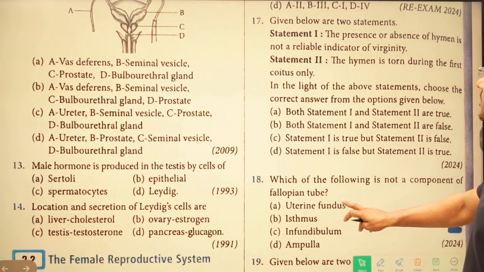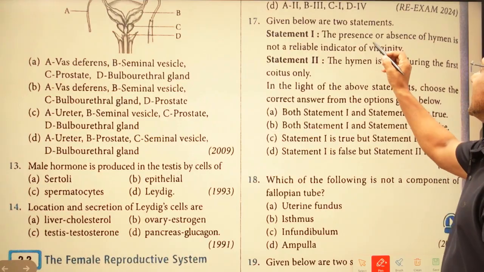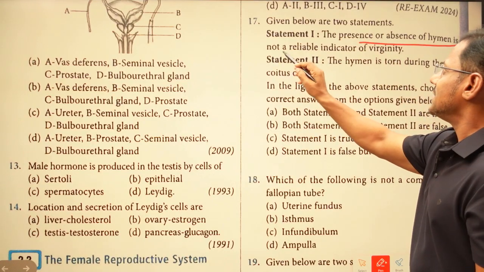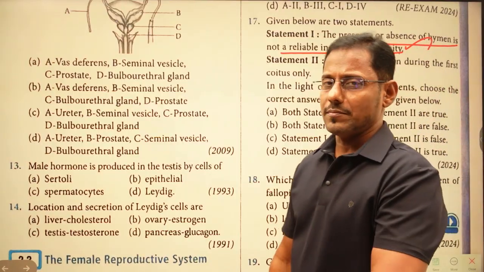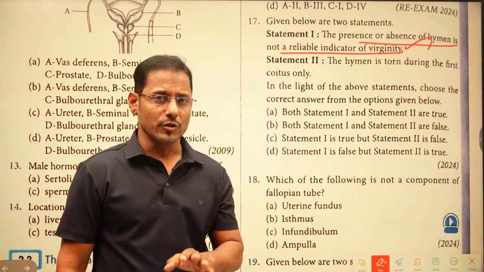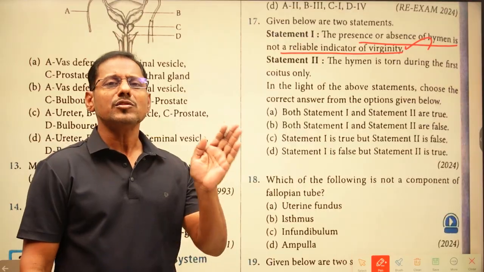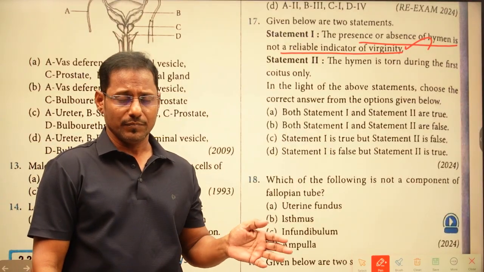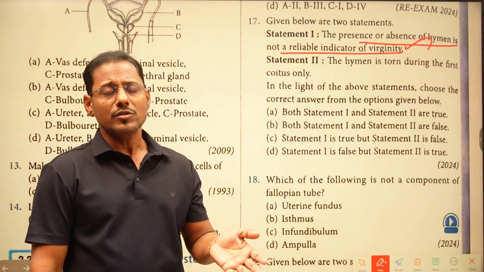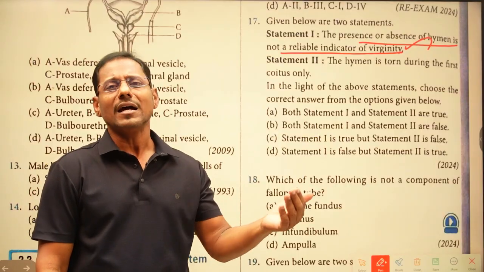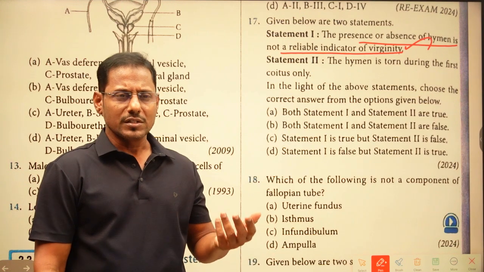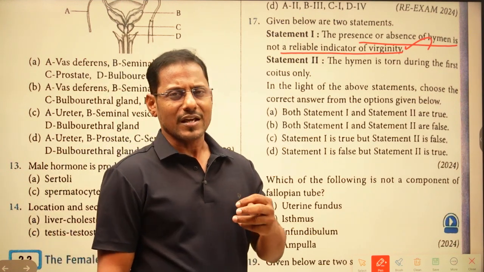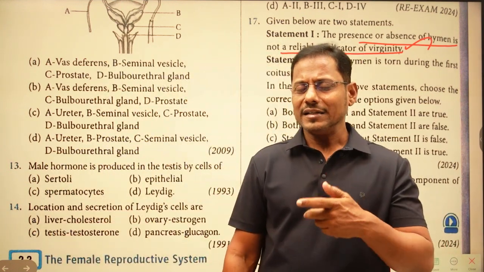Now two statements are given here. The presence or absence of the hymen is not a reliable indicator of virginity. This is the right statement, right? So sometimes the hymen may be present after the first sexual intercourse. Also, without sexual intercourse, some people may lose the hymen, by horse riding, cycling, or else sometimes at the time of the menstrual cycle, when they use tampons.